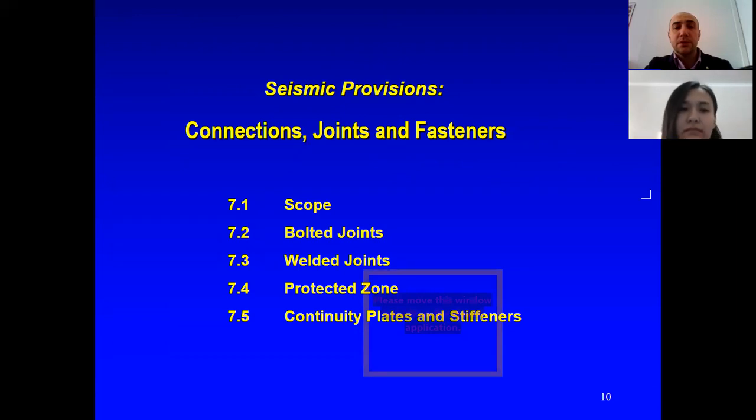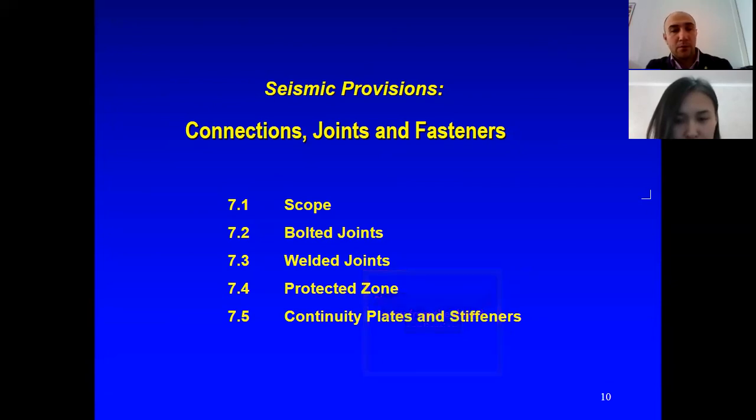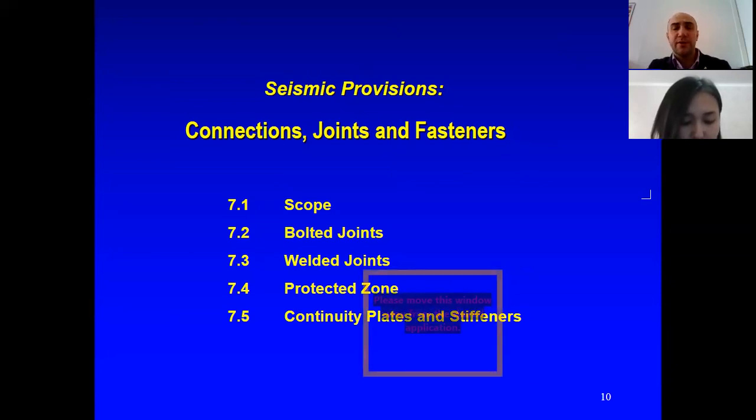So, seismic provisions. In this section, there are general requirements for bolted and welded connections that are applicable for all seismic lateral resisting frames, for example, for main frames of the building, for rigid frames, for collectors, diaphragms, and so on.